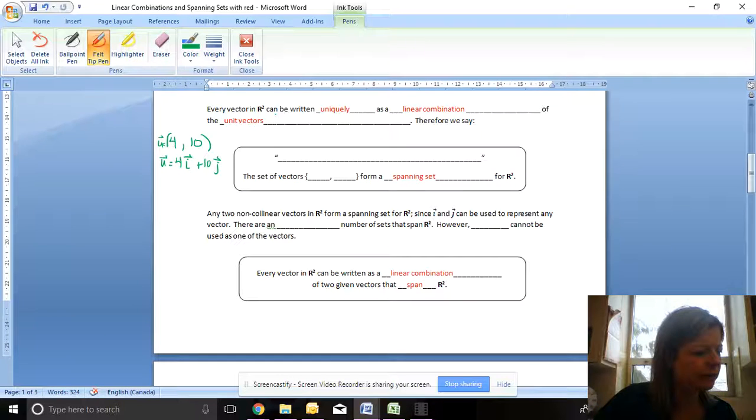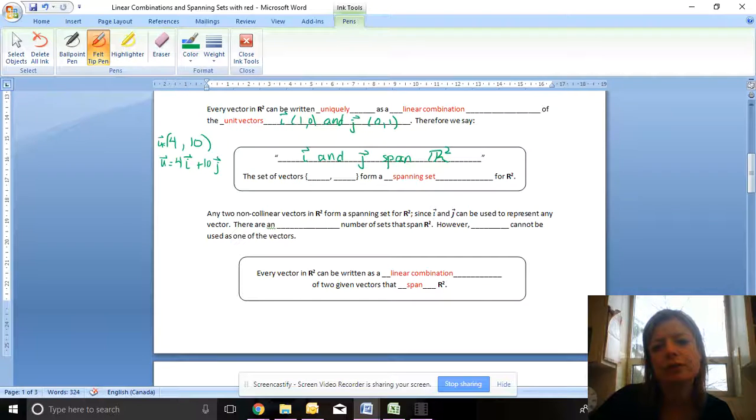So the unit vectors are i, which is 1, 0, and j, which is 0, 1. So what we say is that i and j span R2. So that means that a linear combination of i and j can be made to represent anything on the xy axis.